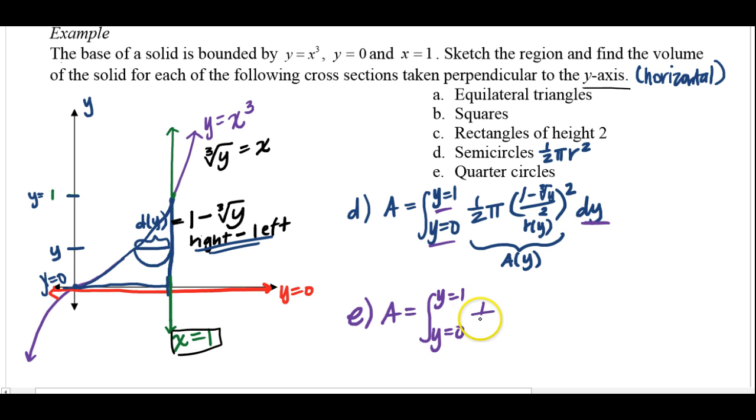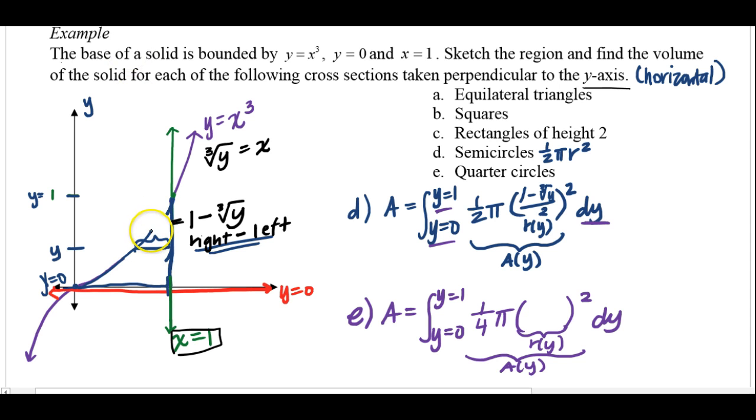So finally we're going to have 1/4 pi, and then we're going to have the radius squared. So we need the radius as a function of y, dy. So here is my generic area formula. And now my quarter circles, this is not an example of my quarter circle because now instead of the diameter, we really are going to have the radius be along my region.